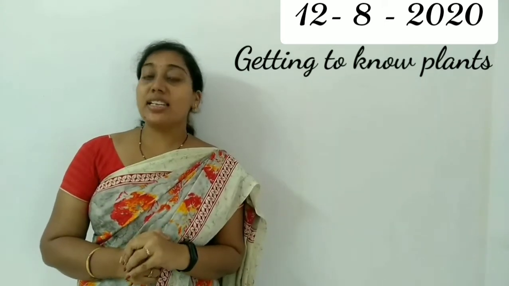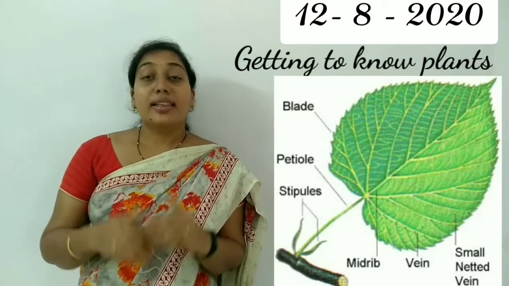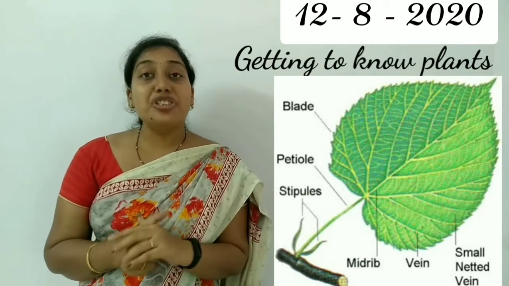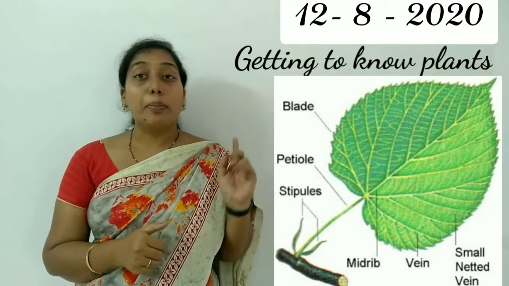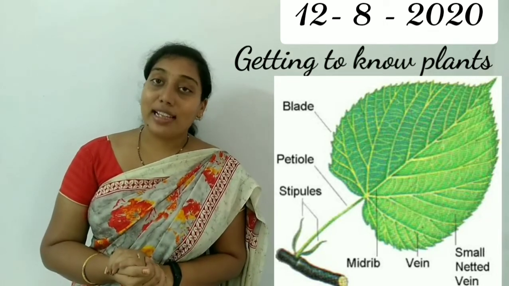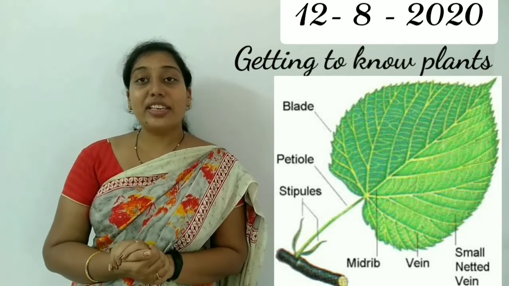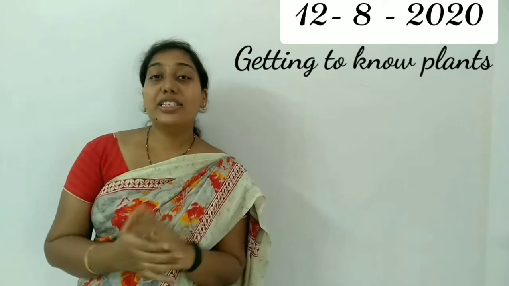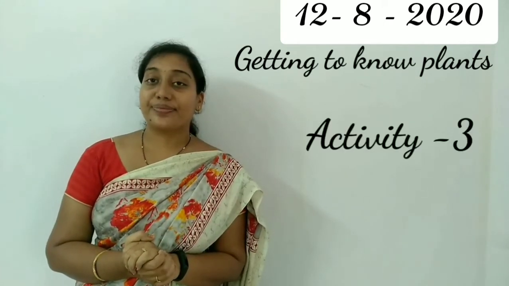Let us discuss the leaf. The part of a leaf by which it is attached to the stem is called petiole. Broad green part of the leaf is called lamina. Can you identify these parts of the leaves in plants around you? Let us do one activity.